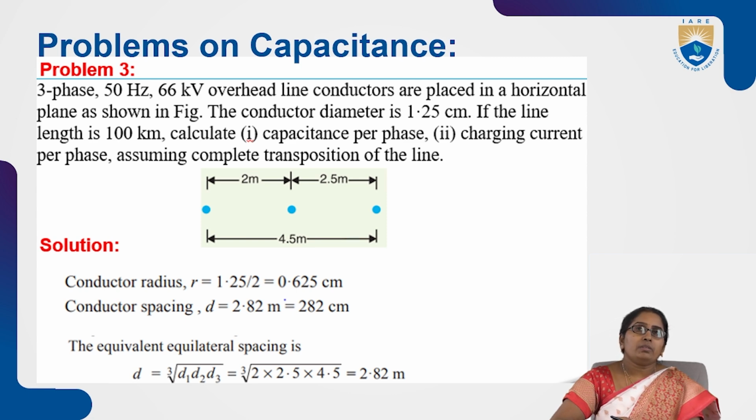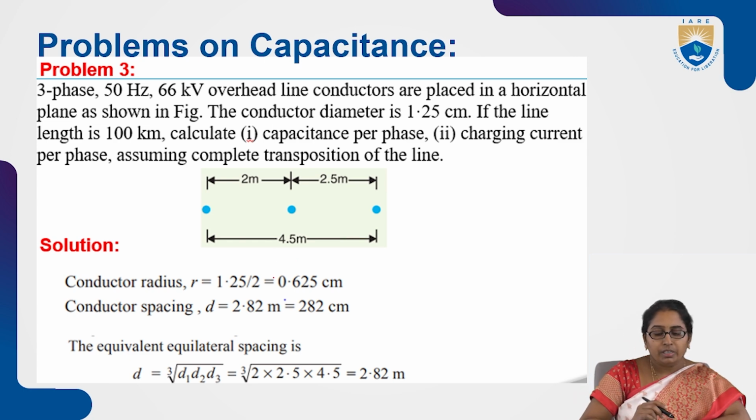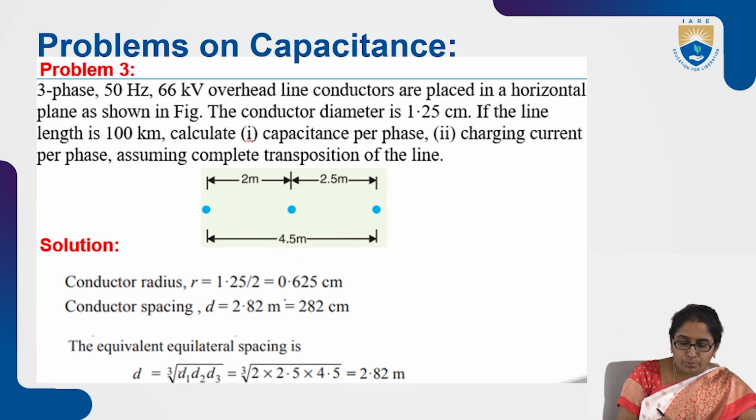From the diagram we clearly see that the distances between the conductors are different: the first two conductors 2 meters, the next two 2.5, and the third and first conductor 4.5. Those are the distances given. So D is the cube root of 2 into 2.5 into 4.5.